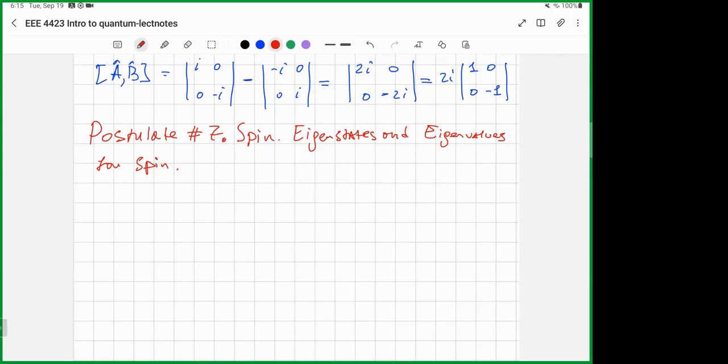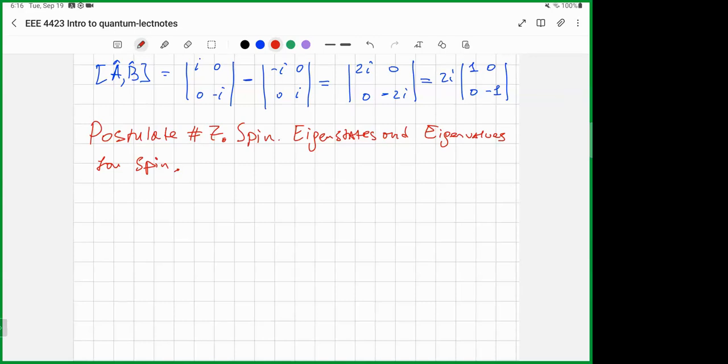It can be imagined as a rotation of a particle around its axis, but in fact it is not the case.